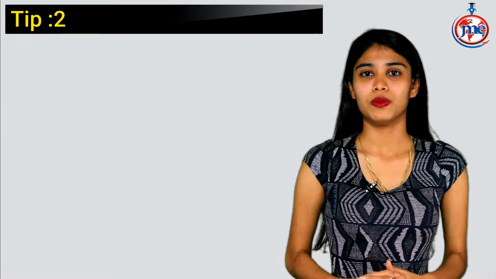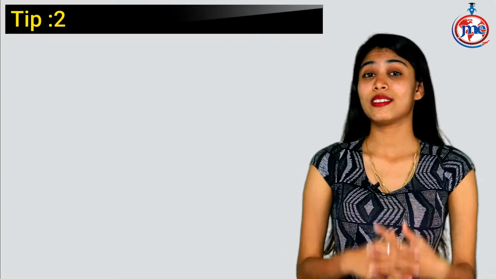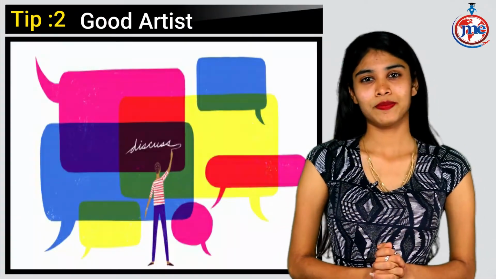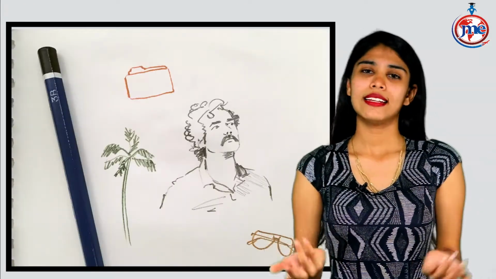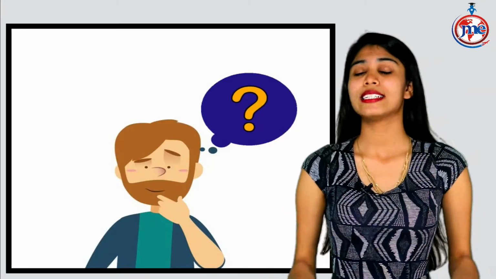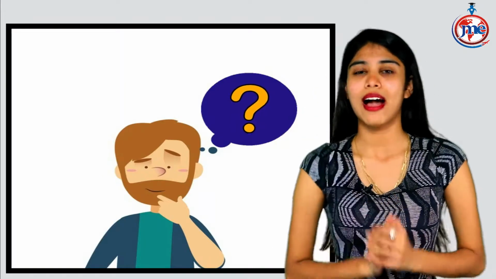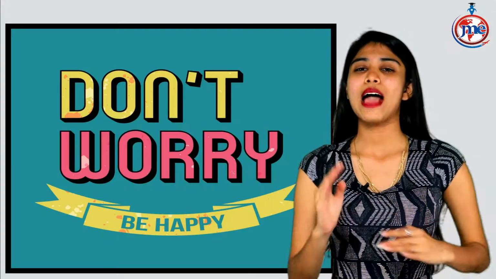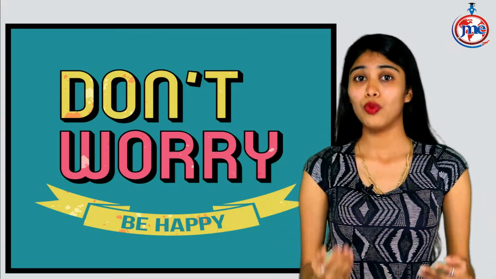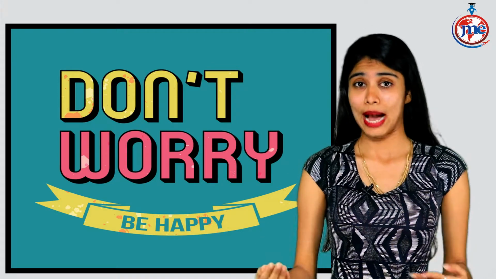Tip number 2 is for good artists. Now students, if you are a good artist, then you may draw and remember it. Now all the good artists will have a big question mark, how is that possible? Don't worry, I am going to suggest how to remember vocabulary by drawing.